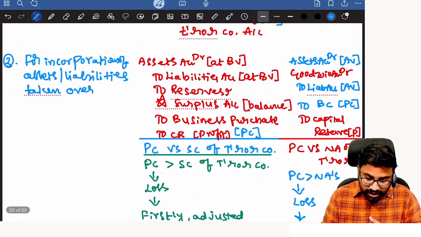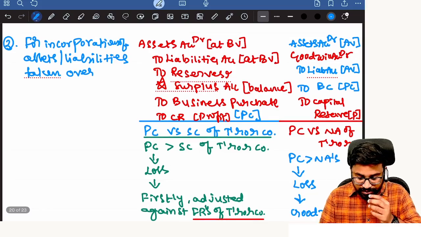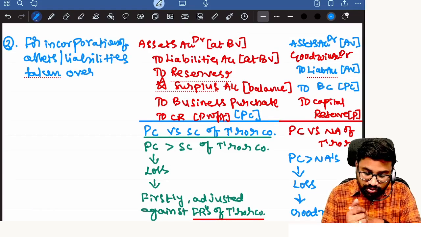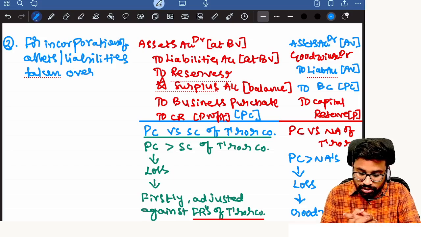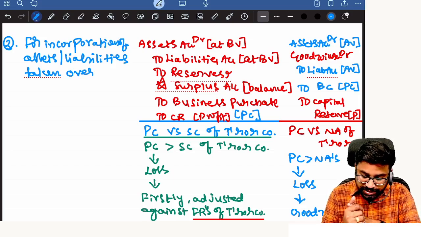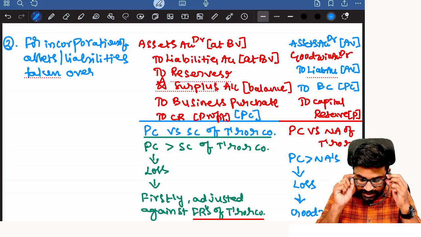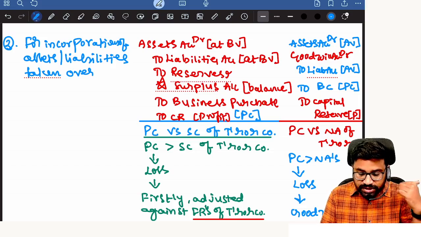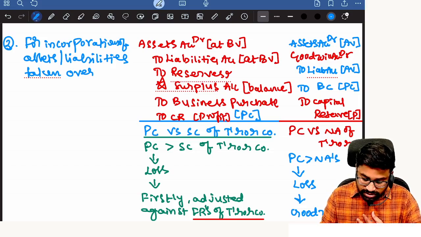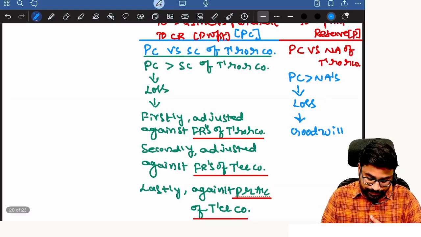But in case of purchase method, for incorporation, assets account debit at agreed value, to liabilities at agreed value, to business purchase. Here purchase consideration is compared with net assets. If PC is greater than net assets, that is loss, and that loss is treated as goodwill.